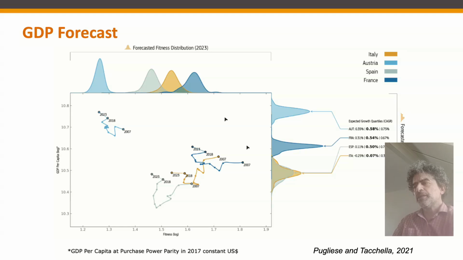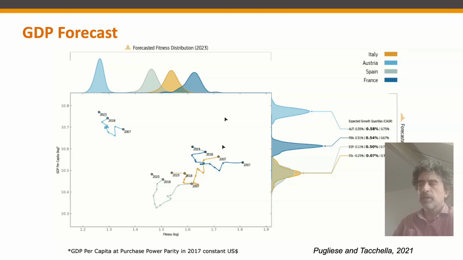A nice point is that you can see here that these are very effective techniques because they are not just for predicting where the country GDP will be, but they are giving a full distribution. So the idea here is how the forecast is done here.